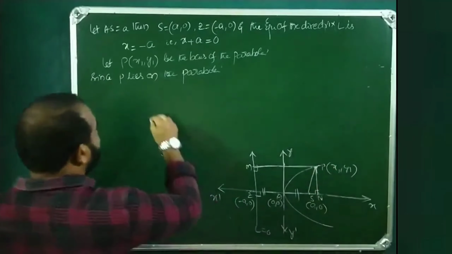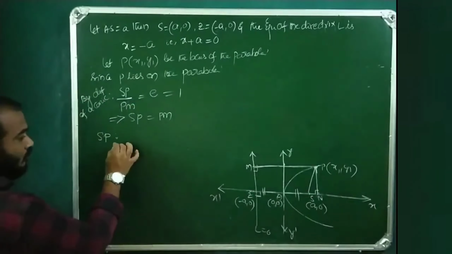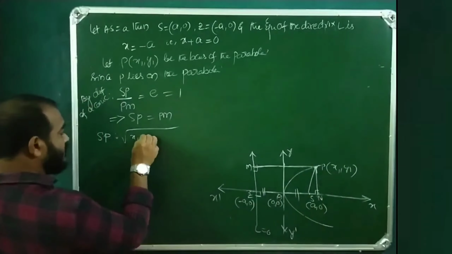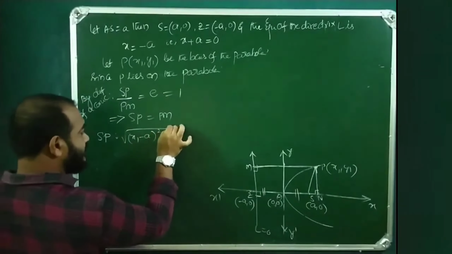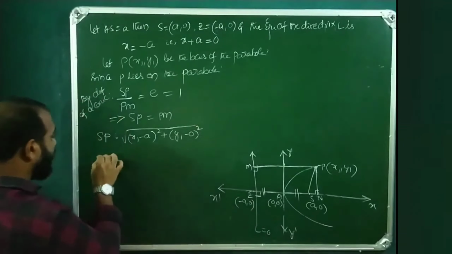What is SP? SP is the distance between these 2 points, a comma 0 and x1 y1. That is square root of x1 minus a whole square plus y1 minus 0 whole square. And what is PM?